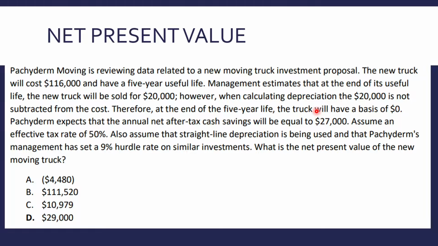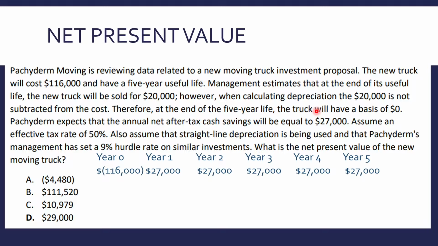So let's start. What is the cost of the investment? The cost of the investment is given: $116,000. What's the present value of the future cash flows? You have $27,000 each year for the next 5 years. You are going to take the present value of this $27,000.